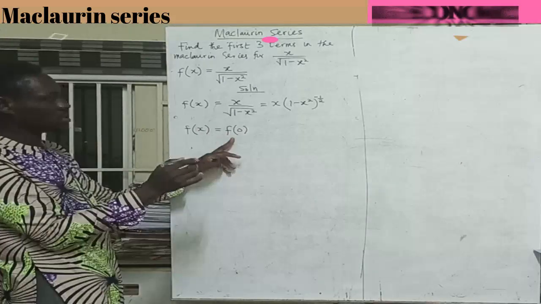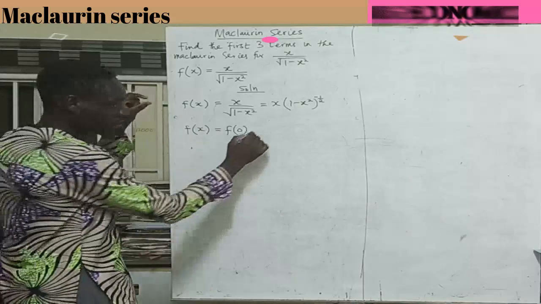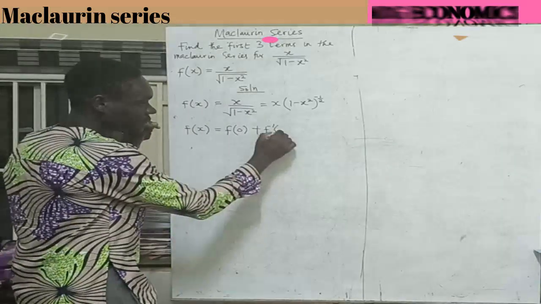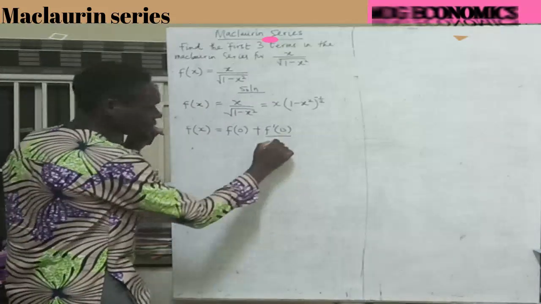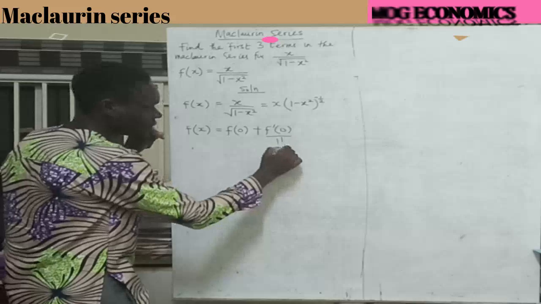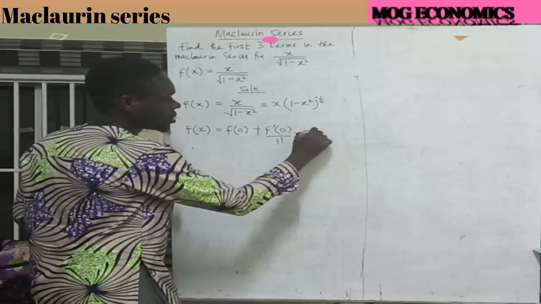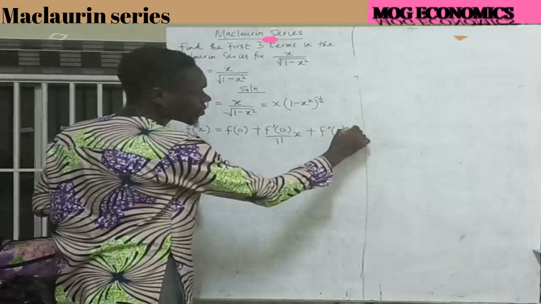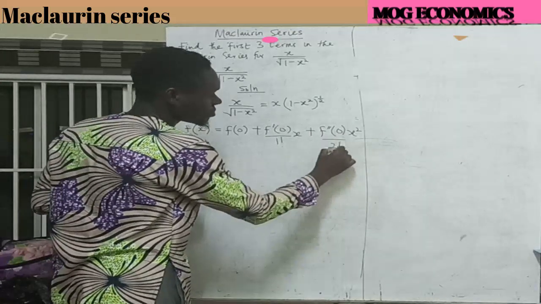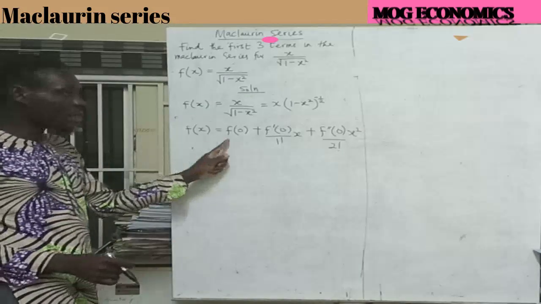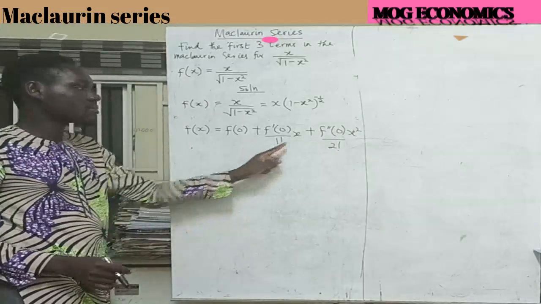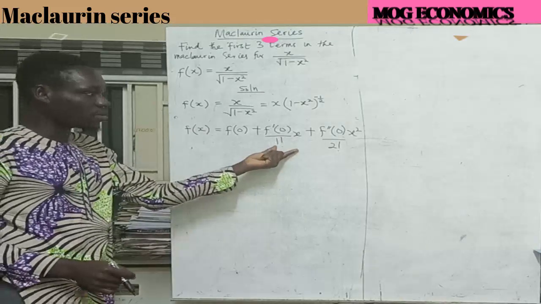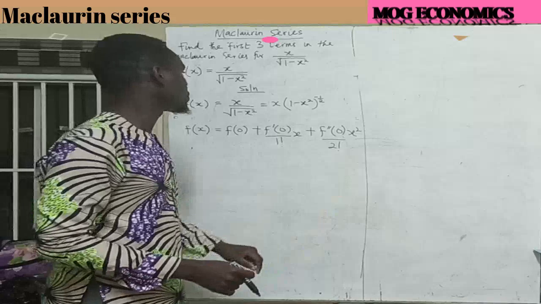The first one represents the original function, and then the first derivative, and then the second one. So here we have three terms: this for the original one, then for the first order derivative value, and this is for the second.